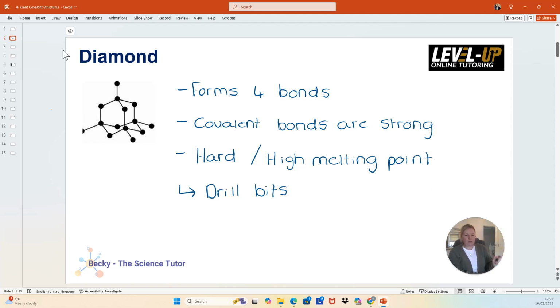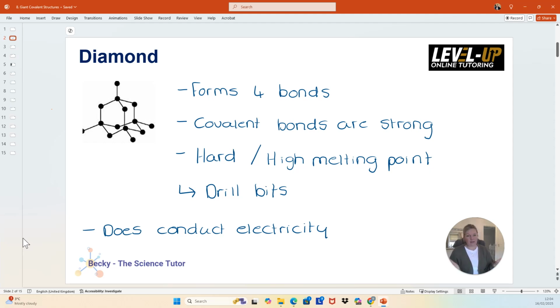Now, something that I'm going to say here, but I will come back to, is that diamond does not conduct electricity. And this isn't such an issue at the moment, but when we go and look at graphite, and graphite does conduct electricity, we'll just pop back and have a look at why it is that diamond does not, but graphite does, because remember they're made of exactly the same thing.